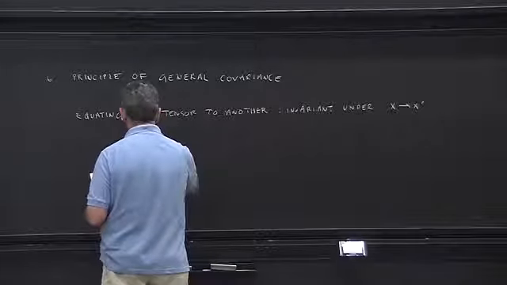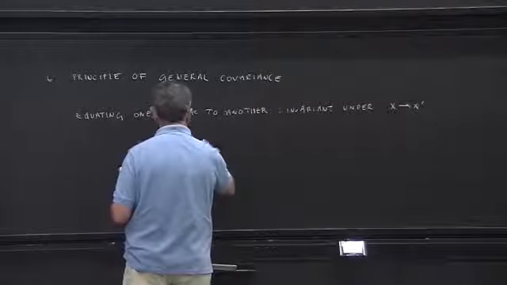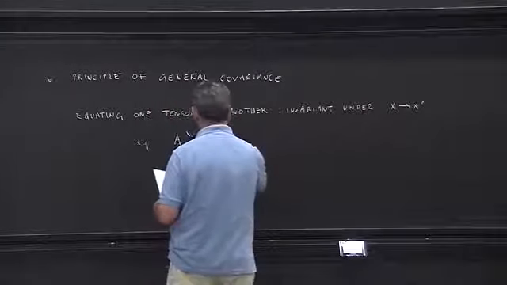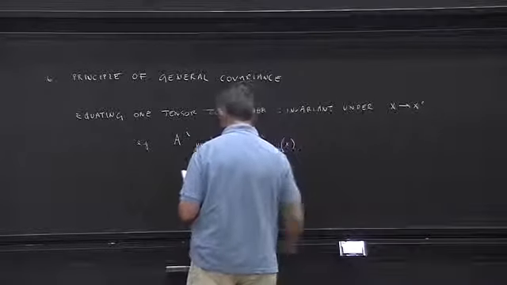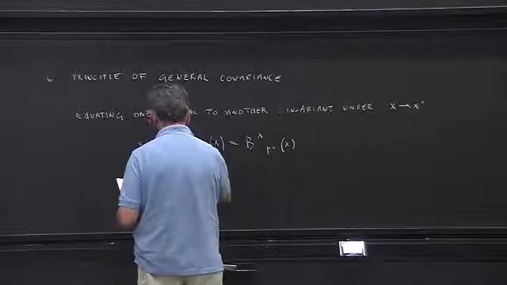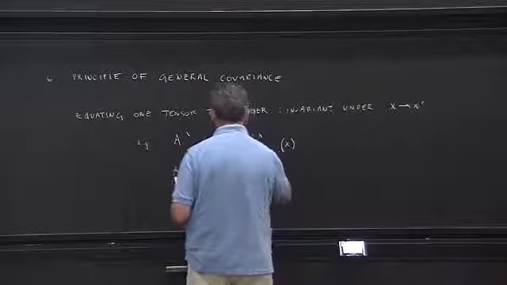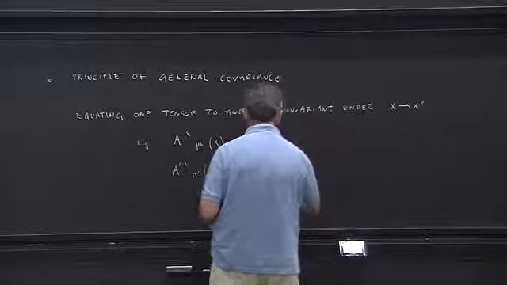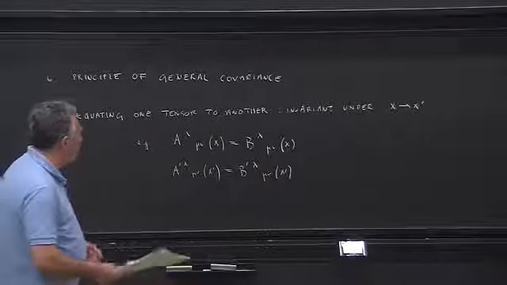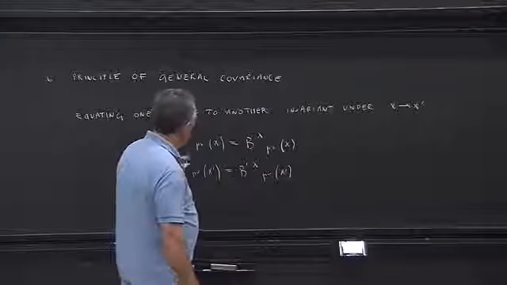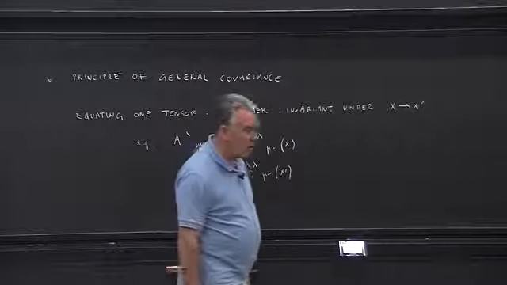For example, if the tensor A lambda mu nu of x is equal to the tensor B lambda mu nu of x, then A prime lambda mu nu of x prime equals B prime lambda mu nu of x prime. So with tensors, if our equation is a tensor equation, it's guaranteed to satisfy the principle of general covariance.